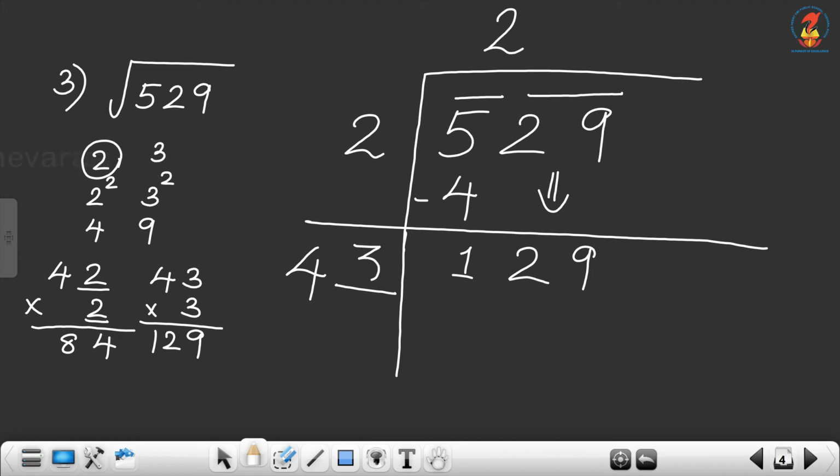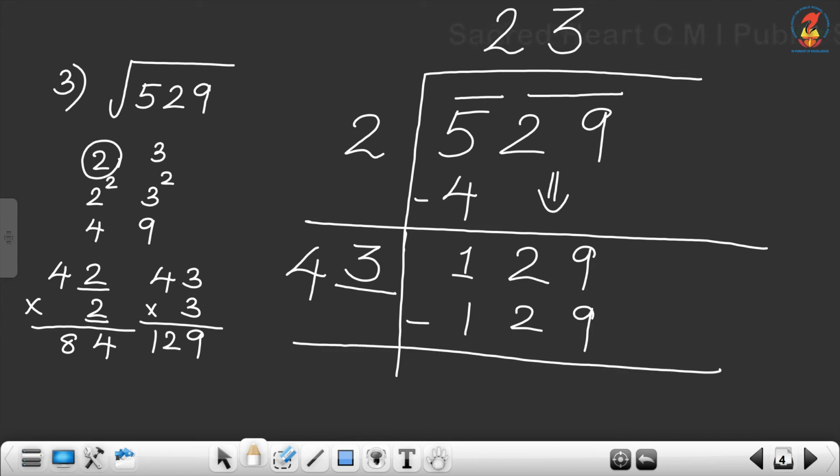So the new digit is 3. So that will come in the quotient also. Then 43 into 3, 129. Now find the difference, 0. So square root of 529 is equal to 23.